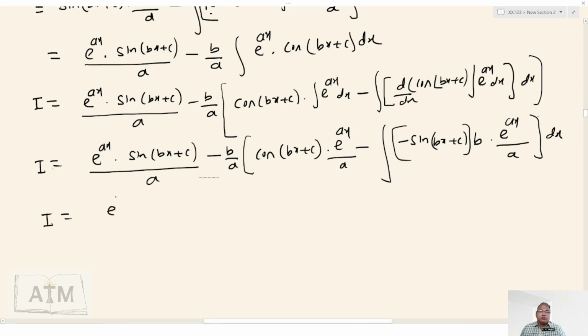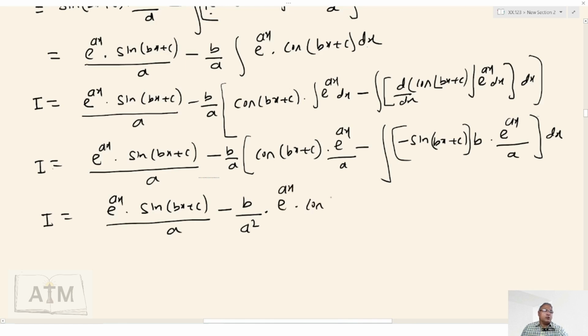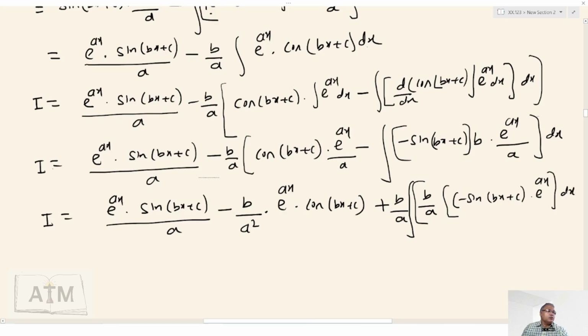I equals e^(ax) sin(bx+c)/a minus, now opening this bracket, it becomes minus b/a² into e^(ax) cos(bx+c), minus into minus plus b/a, and here is again b/a, and integration is already there, b/a and sin(bx+c) into e^(ax) with respect to x.